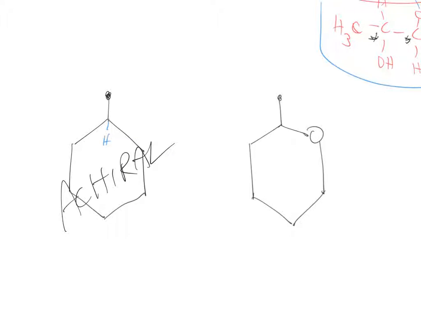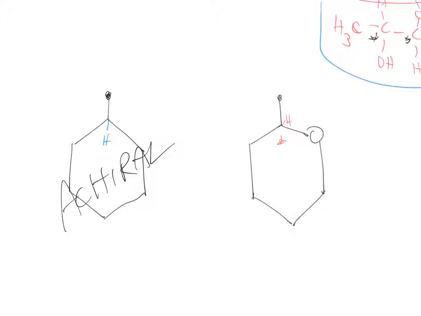What about the one on the right? Is there a chiral carbon? Yes, it's this one right here. I'm going to go ahead and draw the hydrogen. First of all, you should clearly be able to tell there is a methyl and a hydrogen. Those are 2 different things. But we also have 2 different things cyclically, so I'm going to start counterclockwise.